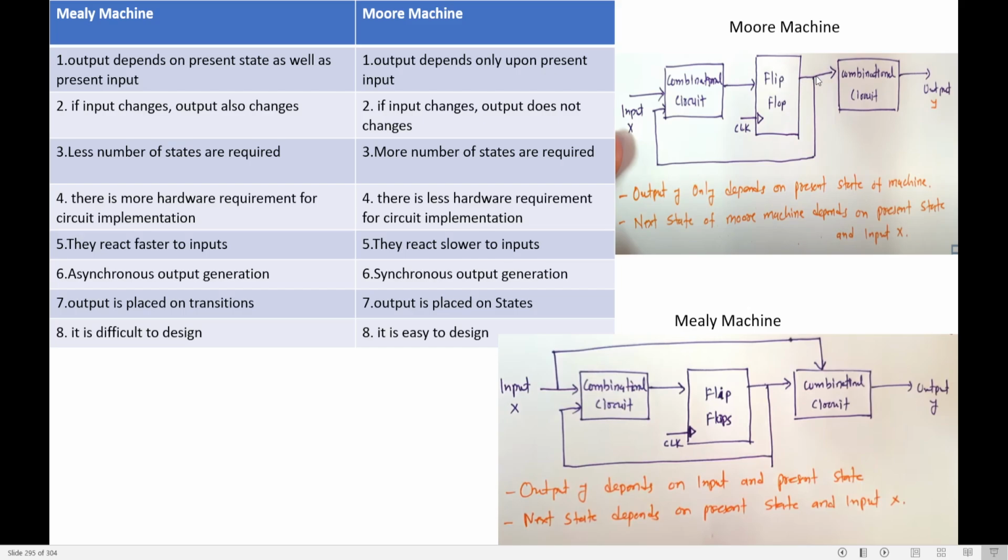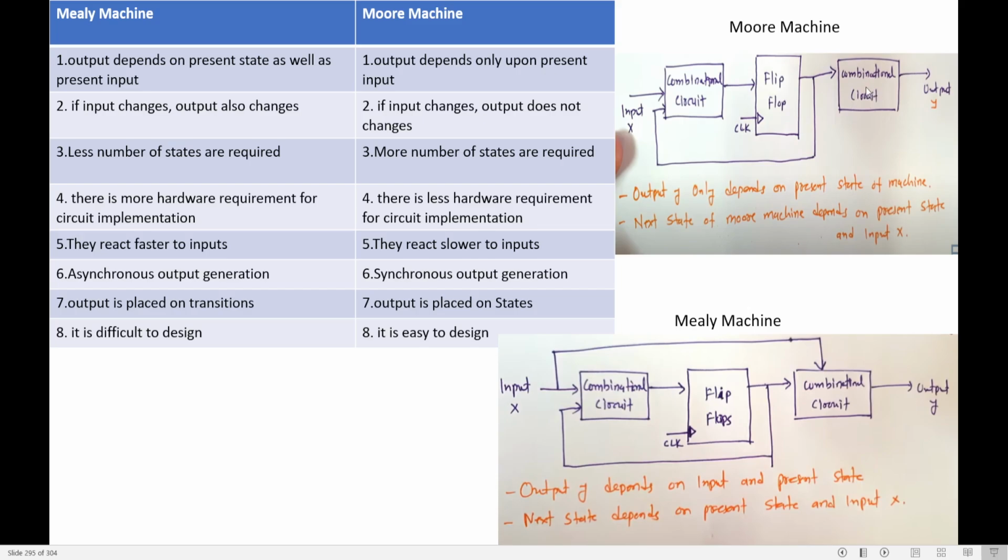The present state of the flip flop is given as the input to a combinational circuit, and that same present state is fed as feedback to the input combinational circuit. Now here can you see this present state is again given to one more combinational circuit. So you get an output.